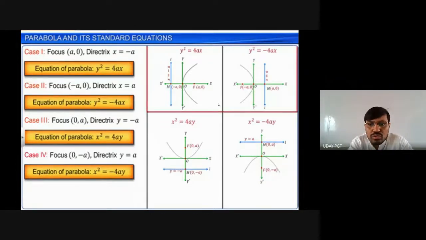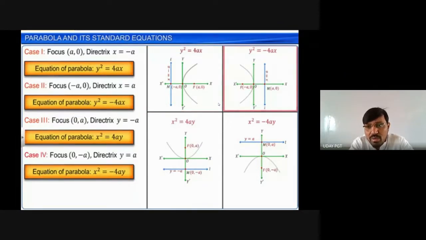Okay. In the first two cases, the focus is highlighted on the x-axis. In the second two cases, the focus is on the y-axis. In the first case, the focus is on the x-axis and the directrix is parallel to the y-axis, and the equation of the parabola is y square equals 4ax.